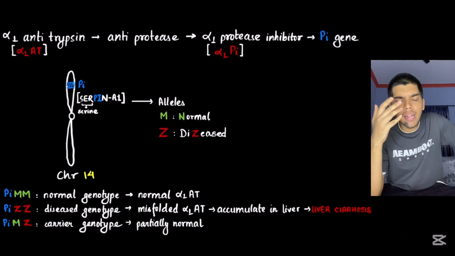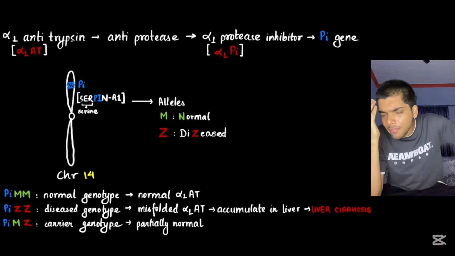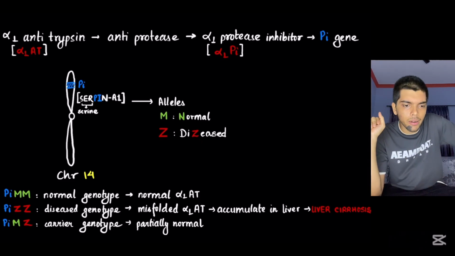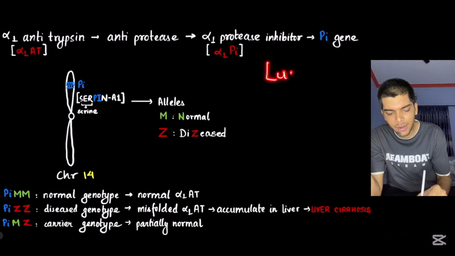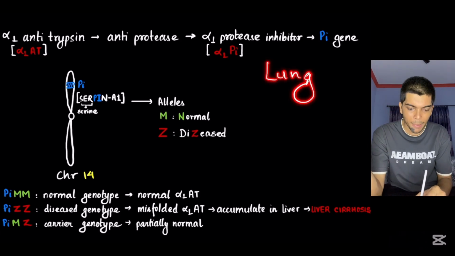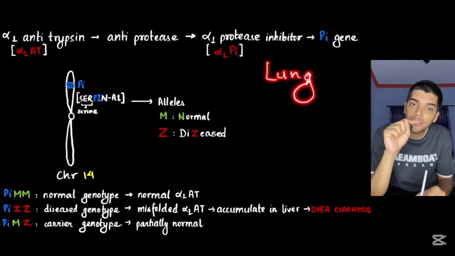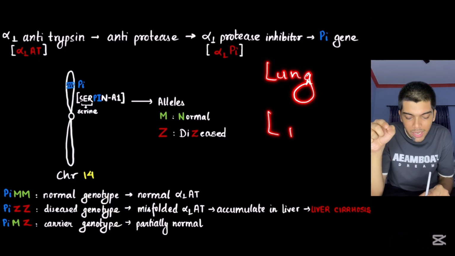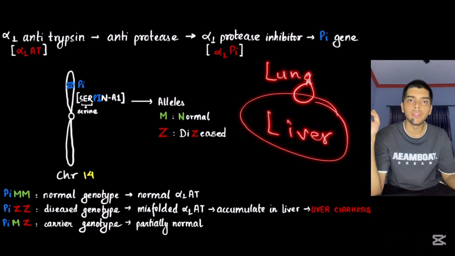See, another question that arises is that in emphysema, which two organs are affected? Okay, the lung is affected because you have emphysema. It is a lung pathology. But if the emphysema is due to alpha-1 antitrypsin deficiency, then your liver is also affected. How?